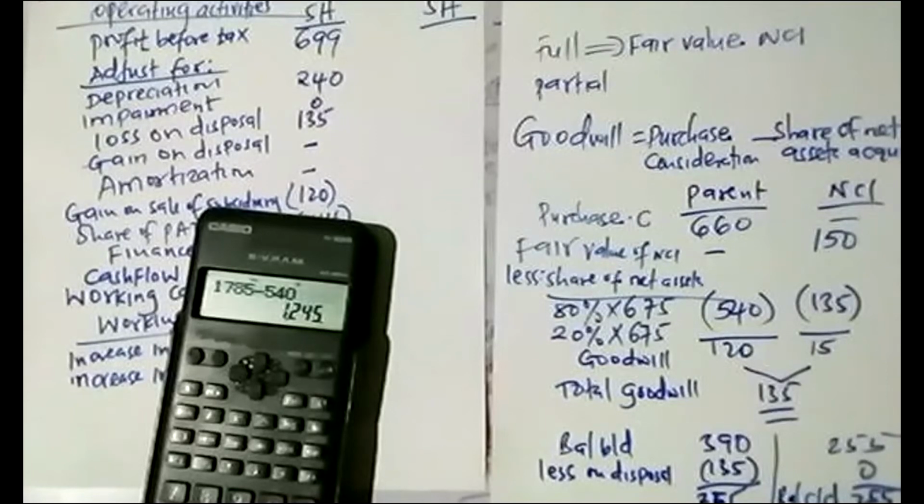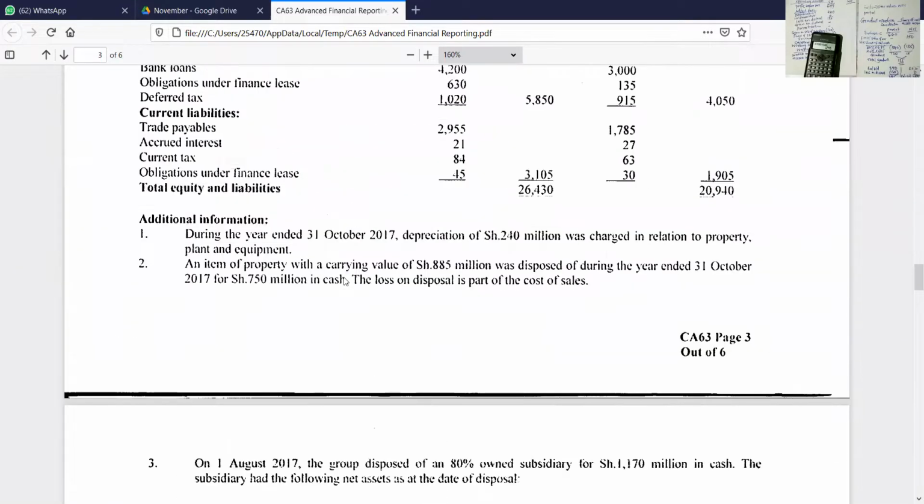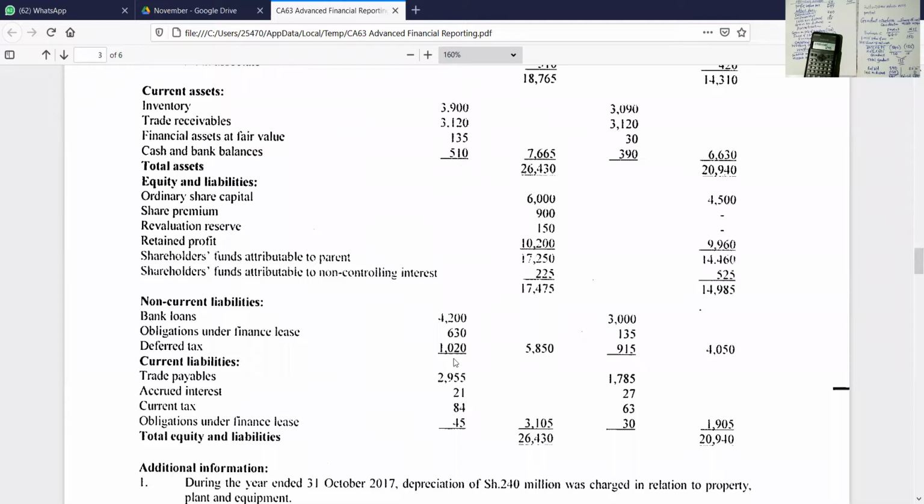So after getting 1245, I will compare with my balance carried down. So my balance carried down for trade payables, that is at 2017, it was 2955. So it means that there was an increase in payables. Your creditors increased.